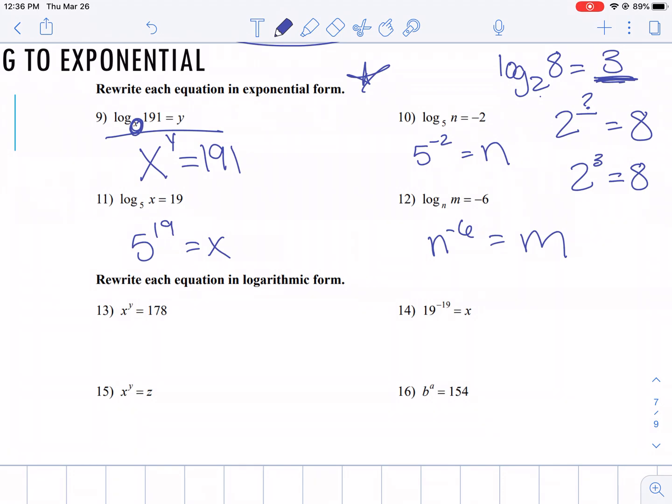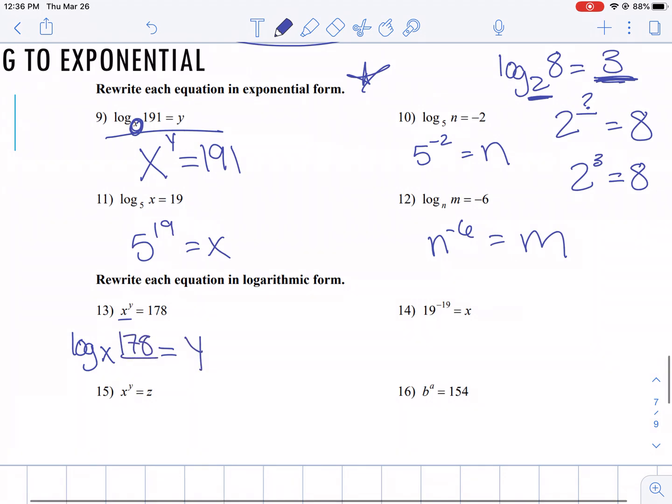So then on the flip side, we are going to take it from exponential form and put it into log form. Again, the base stays the same. So the base here is x. So log base x. This time it equals the exponent. So 178 goes into that spot. All right.